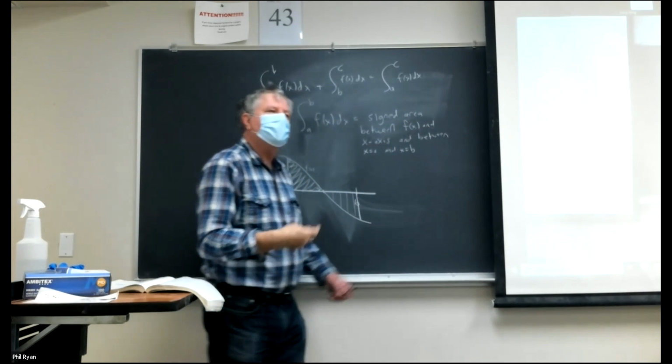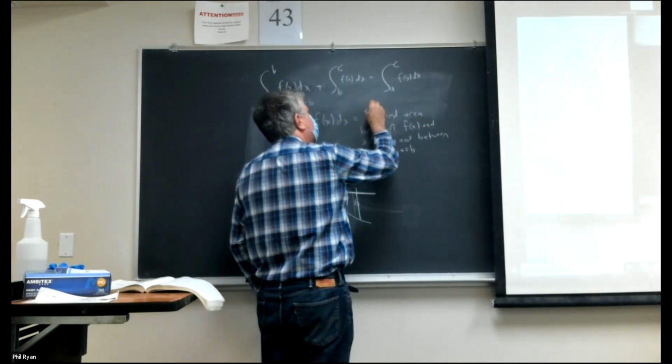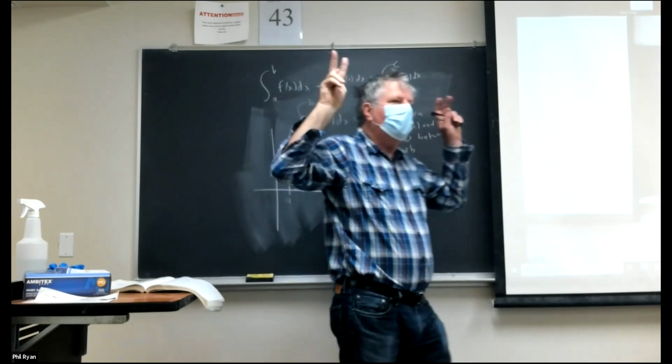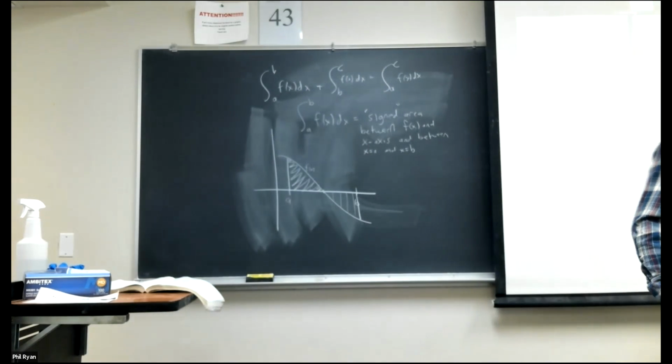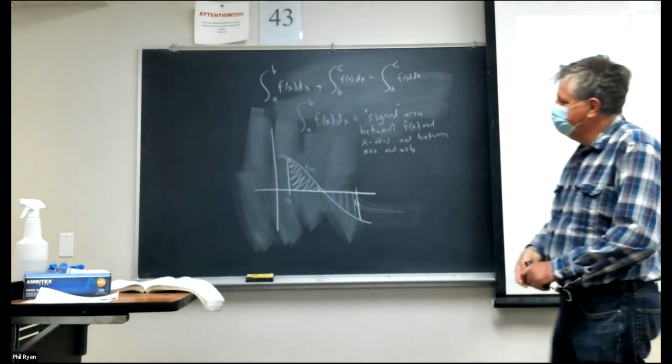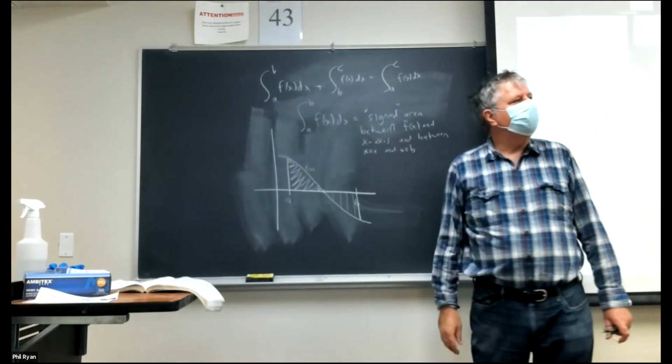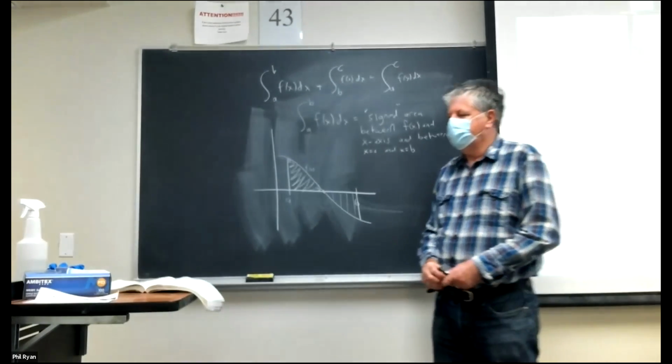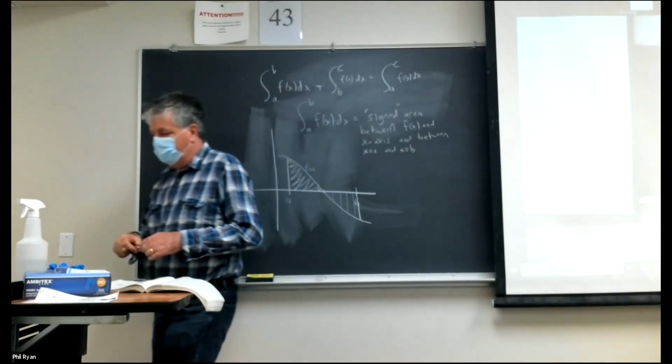And by signed area, I mean that area above the x-axis is considered positive and area below the x-axis is considered negative. So that's a very easy way to handle that problem.